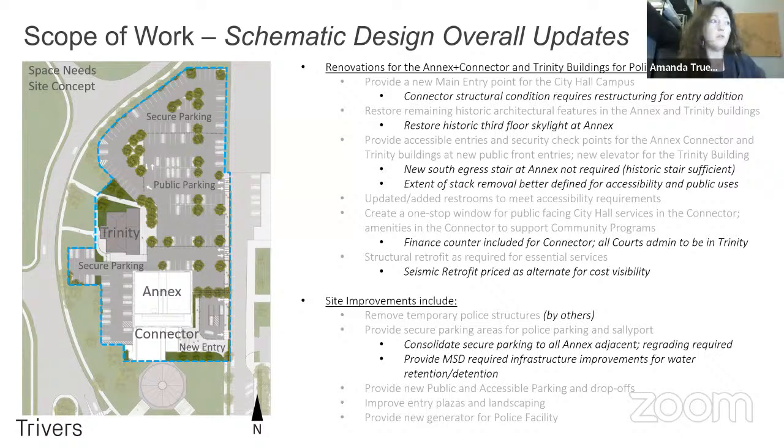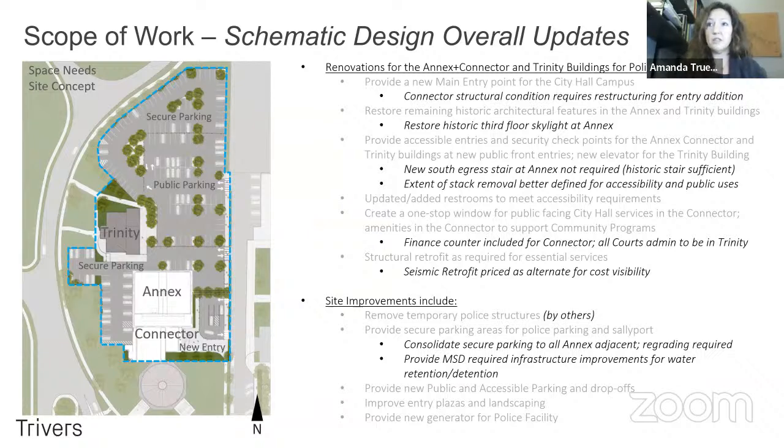So we're going to review a bit of that at the entry of the connector. So we'll review what that means in that scope. One of the other things that we've imbued into the cost estimating is a little bit of additional scope clarification about trying to restore the third floor skylight at the annex.